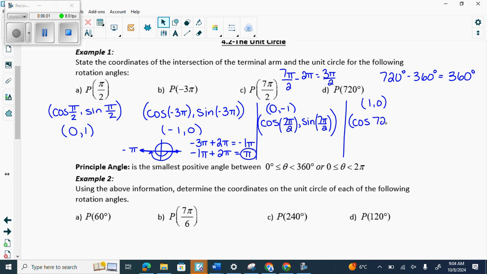Cos of 720 degrees, sine of 720 degrees. What mode do we need to be in this time? Degree mode. So if you're still in radians, it's not going to come out correct.